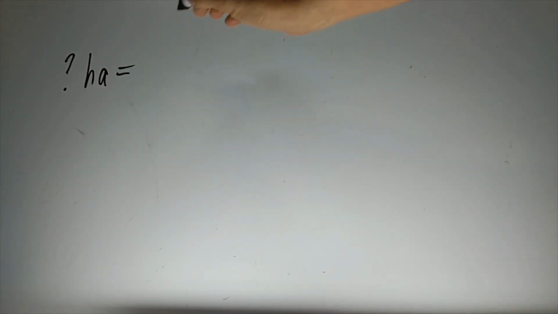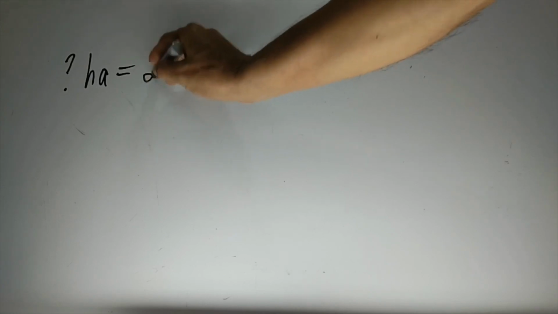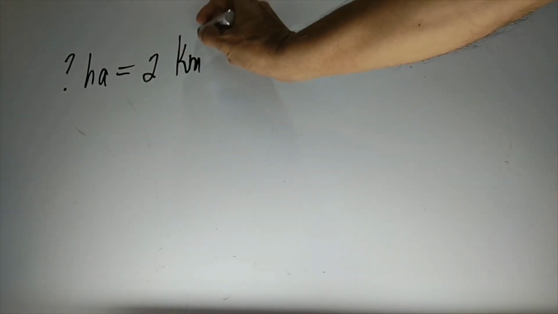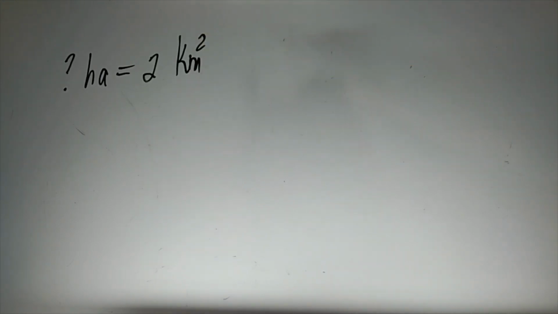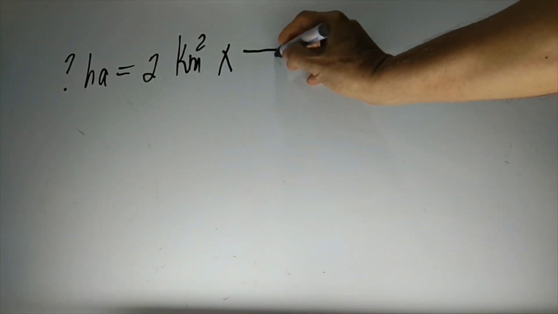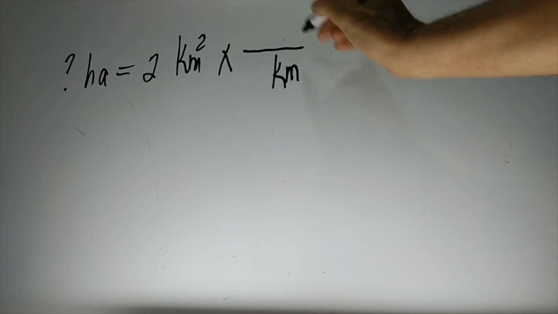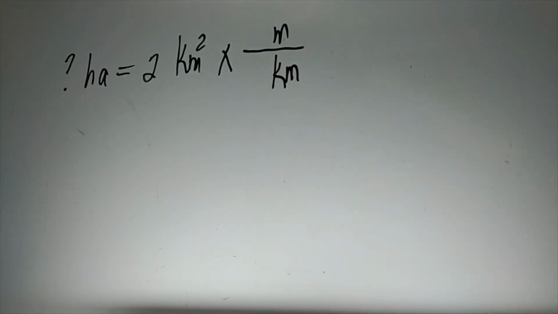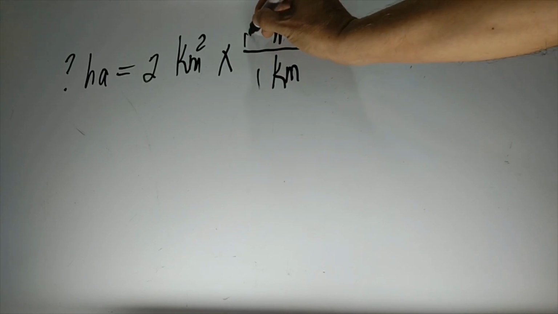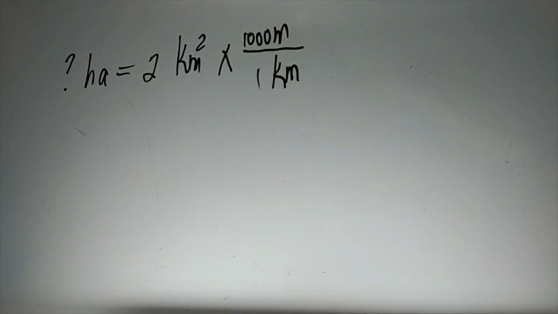Equate it to what is given: 2 square kilometer multiplied by the conversion factor, kilometer and meter, wherein the relationship is for every kilometer there are 1,000 meters.